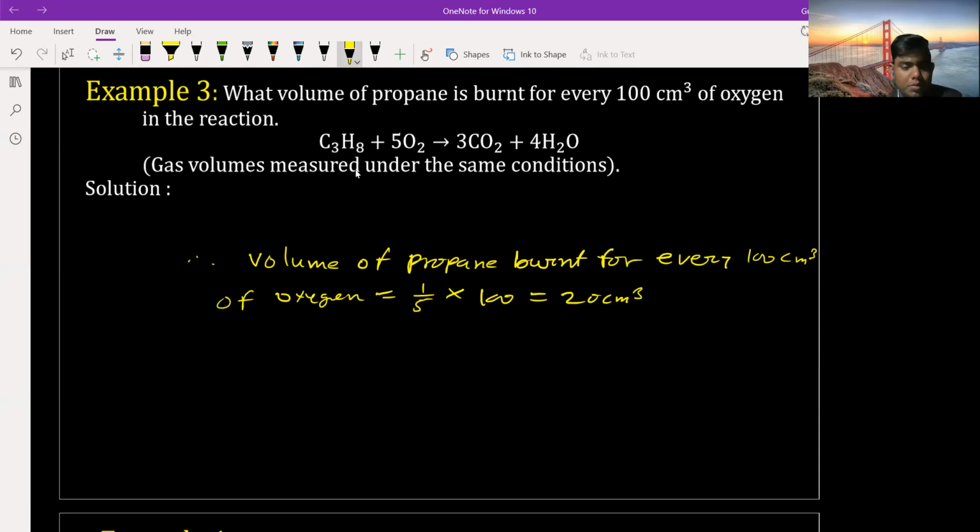Okay, so our answer is 20 centimeter cube propane is burned.